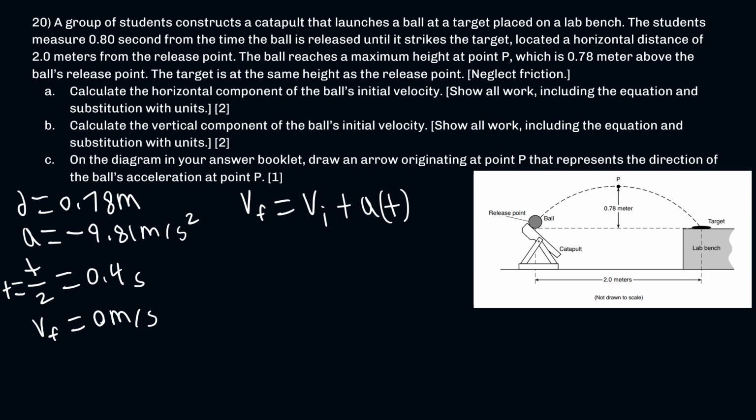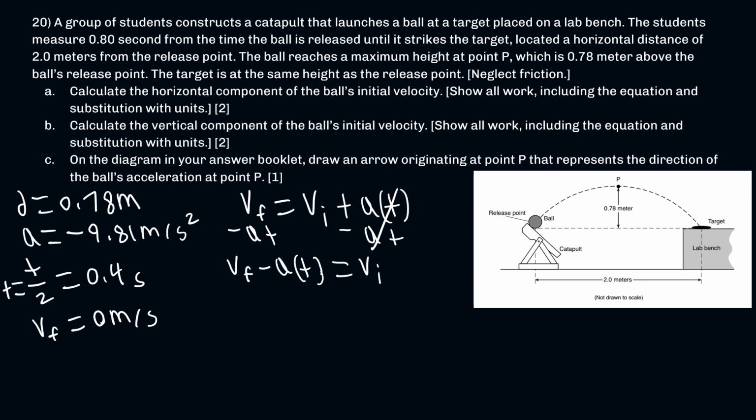So I want to solve for my initial velocity. It's being attached right now to an addition sign with acceleration times time. Just do the opposite of that, subtract it from both sides of the equation. So I should end up with my final velocity minus acceleration times time equals my initial velocity. So now let's just plug everything in.